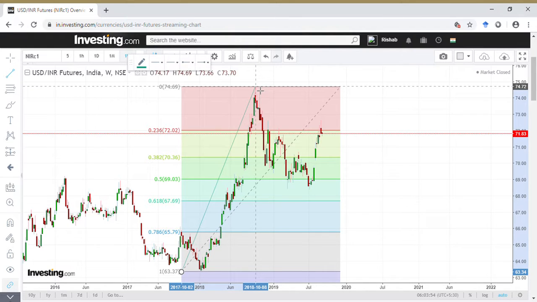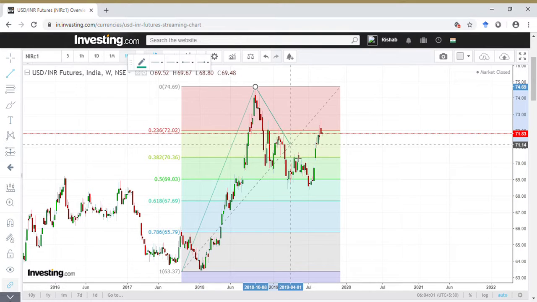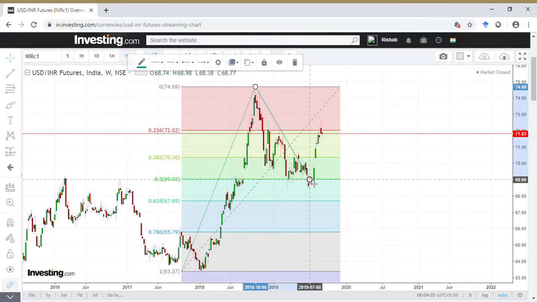The price has gone up, and then it has come down to a 50% retracement, that is a 50% correction. Why this happens is because the people who bought at 63 start booking profits at 74.69, and once they book the profit, eventually it has to come down. After coming down, it has given us an indication that it will go further up.